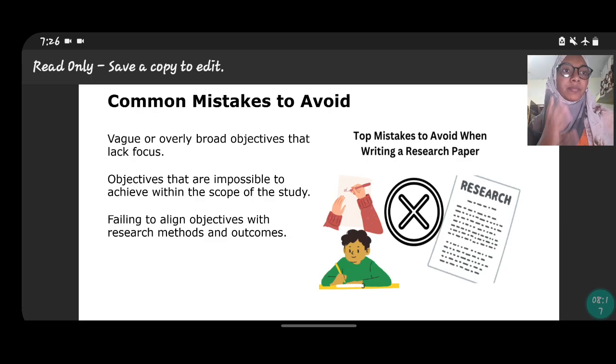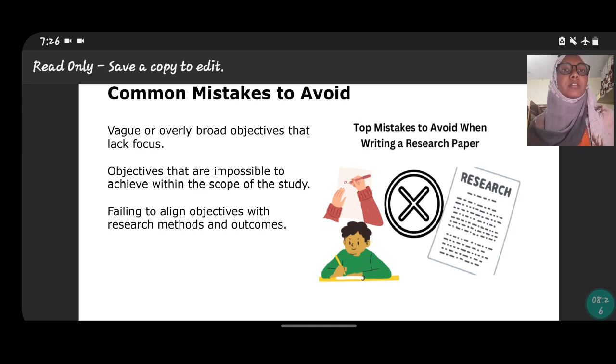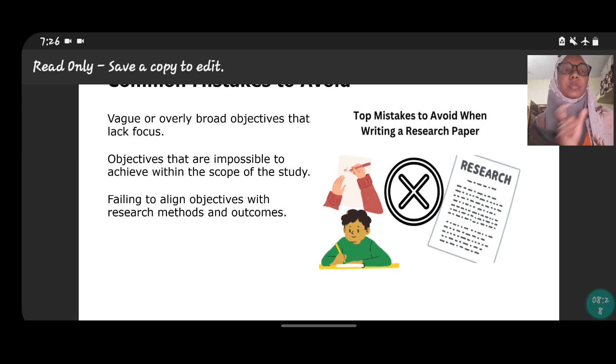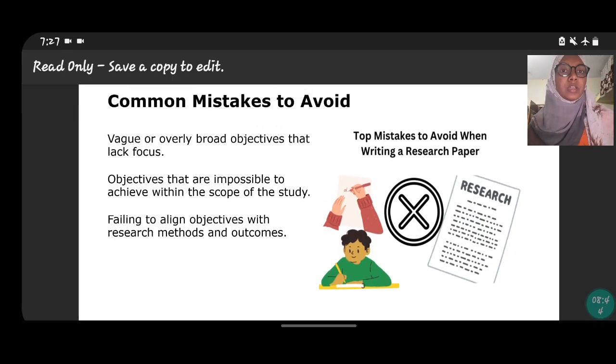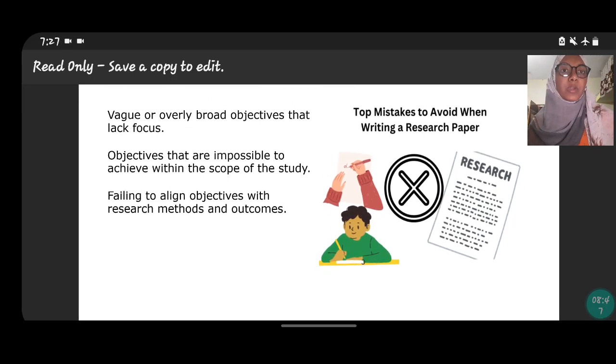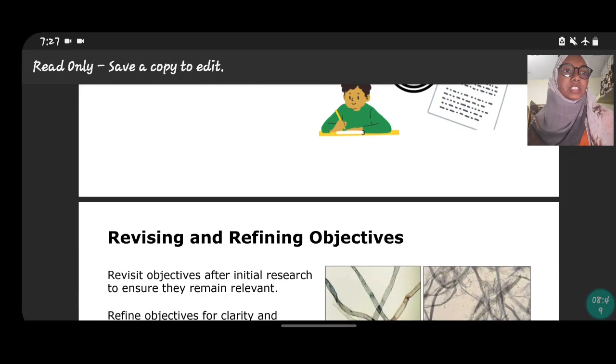For example, we take motors: what is the motor, how does the motor work, and what is the scope of the motor? So we have to write what is what of the study. Failing to align objectives with the research methods and outcomes. So these are a few common mistakes we have to avoid while writing objectives.